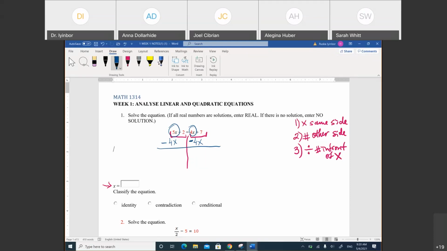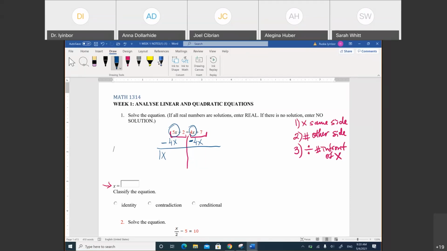So if I subtract 4x in one side, I have to subtract 4x in the other side. And then you're going to combine what is left. So 5x, you combine in like terms. 5x minus 4x is what? 1x. So when you combine like terms, you add x with x, number with number.